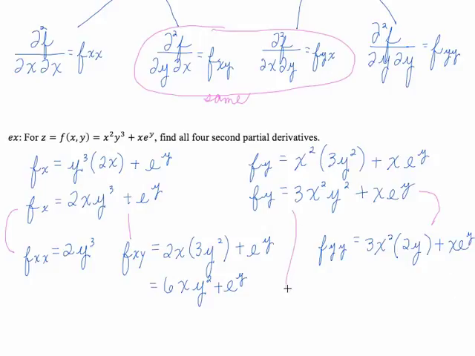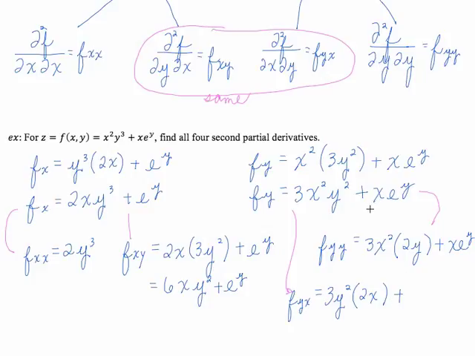Okay, and lastly, let's differentiate fy with respect to x. Now I'm going to treat y as the constant. Therefore, y squared is the constant. So 3y squared is like the coefficient of the x squared here. So its derivative is 3y squared times the derivative of x squared, which is 2x.